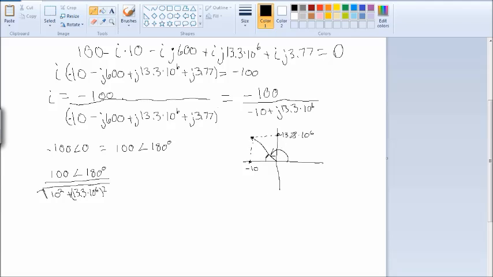Well, we could have seen that up here. This is definitely not in scale. If we're 10 here and 13.3 times 10 to the 6th, then our vector in reality is going to look more like very, very, that angle should be very close to 90 degrees, that angle that we find.